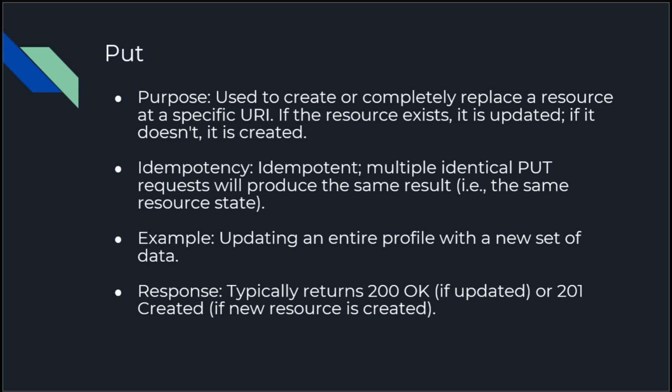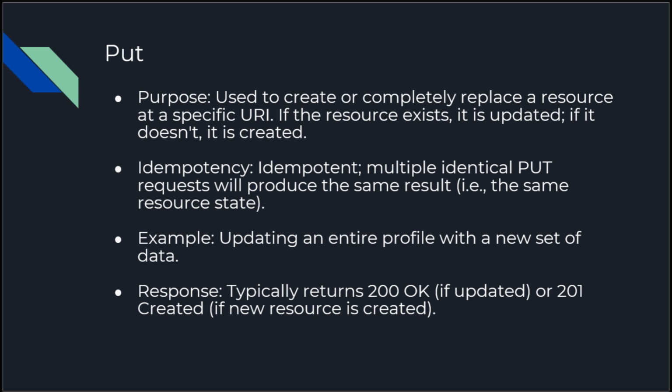First it checks if the resource exists. If it exists, then it is updated. If it doesn't, it is created. This is the major difference between PUT and PATCH. If the resource does not exist, it would be created.